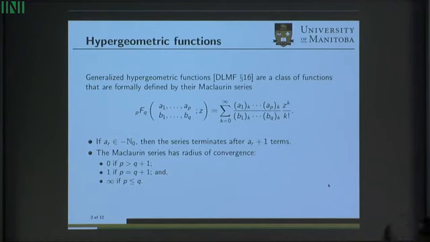If it's not terminating, there are many different subcases, but the main breakdown is in terms of the radius of convergence. If p is greater than q plus 1, these are factorially divergent series, and we typically assign meaning to them as the asymptotic expansions of an integral. If p is equal to q plus 1, this is like the Gauss class, where they're analytic within the unit disk. And if p is less than or equal to q, they're entire, so think of them like e to the z.